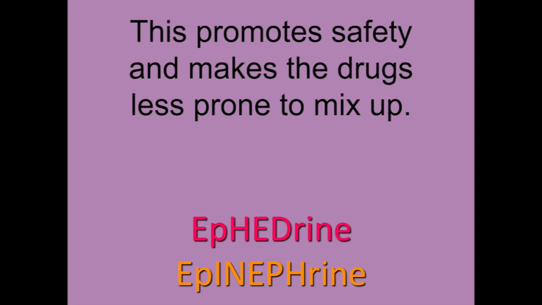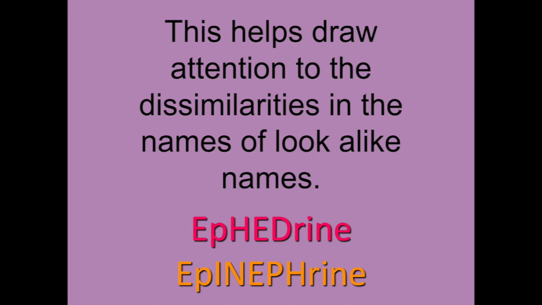It's a way to slow down your reading so that you don't misread the drug. If you look down at the ephedrine and the epinephrine, they can kind of look similar if you're reading very quickly, but they each have very different actions. So it's a way to slow down and really see what the drug is for similar looking and similar sounding drugs. Notice the dissimilarities in their names.